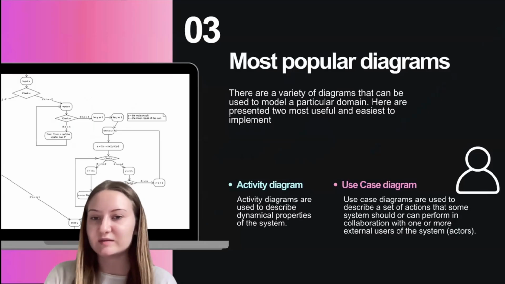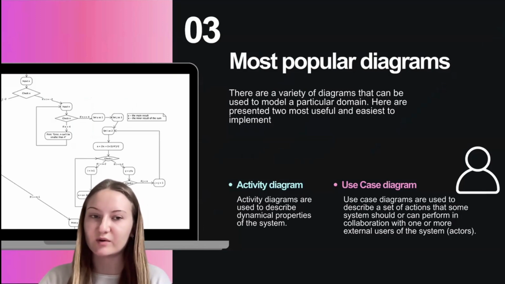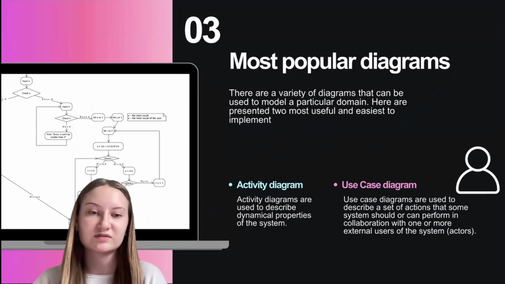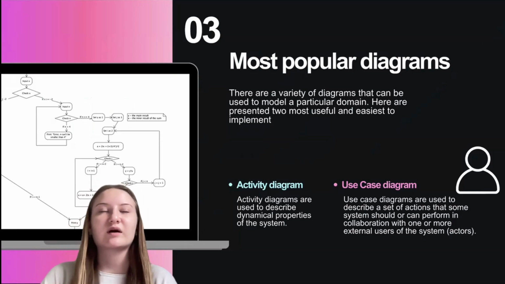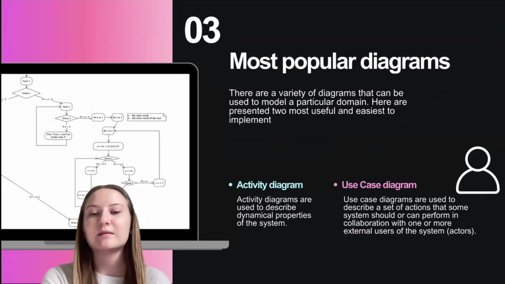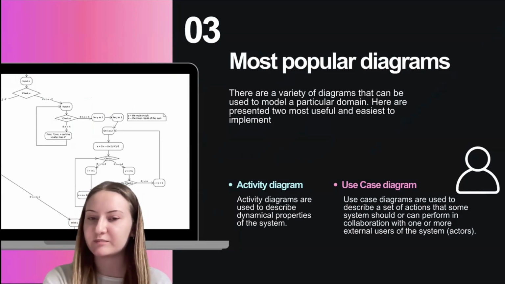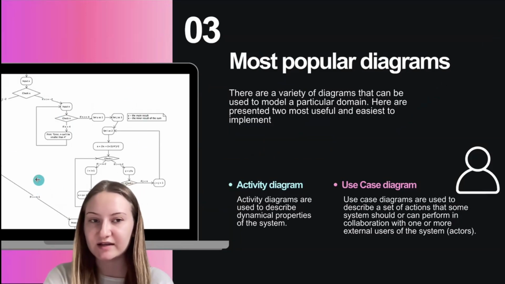There are a lot of types of diagrams of it. I'm going to talk only about the two most popular of them. It is the activity diagram and the use case diagram. Activity diagrams are usually used to describe dynamic properties of the system. You can see an example of it on the left part of the slide.